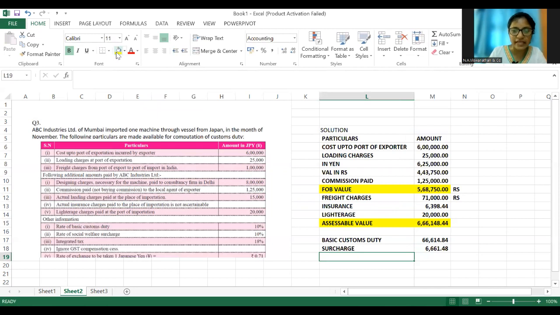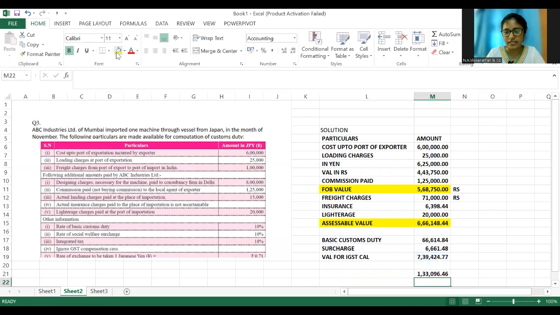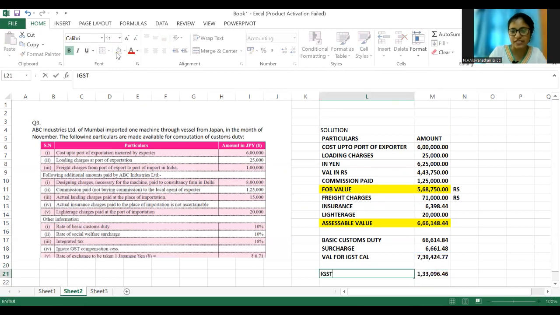Then integrated tax. Integrated tax will be calculated on assessable value plus all the customs duty. So this will be the value for IGST calculation, and on this we have to add 18%. This is our IGST.